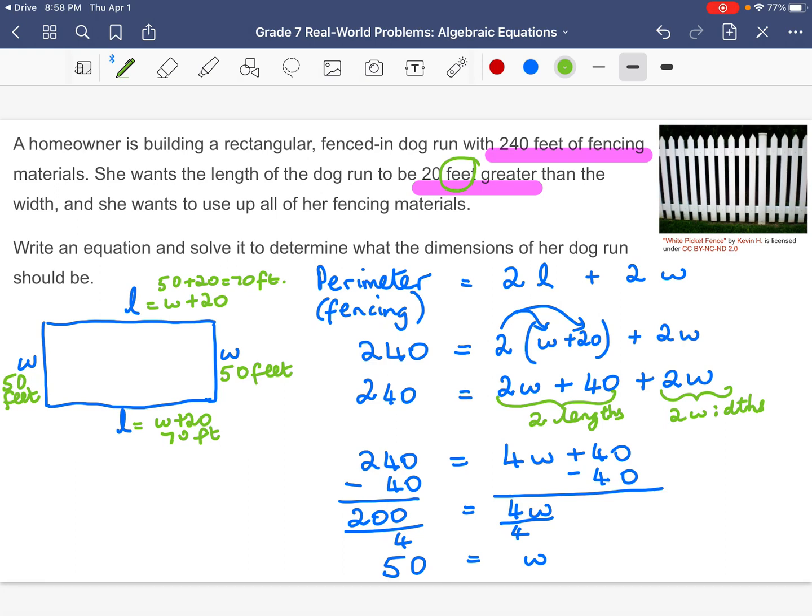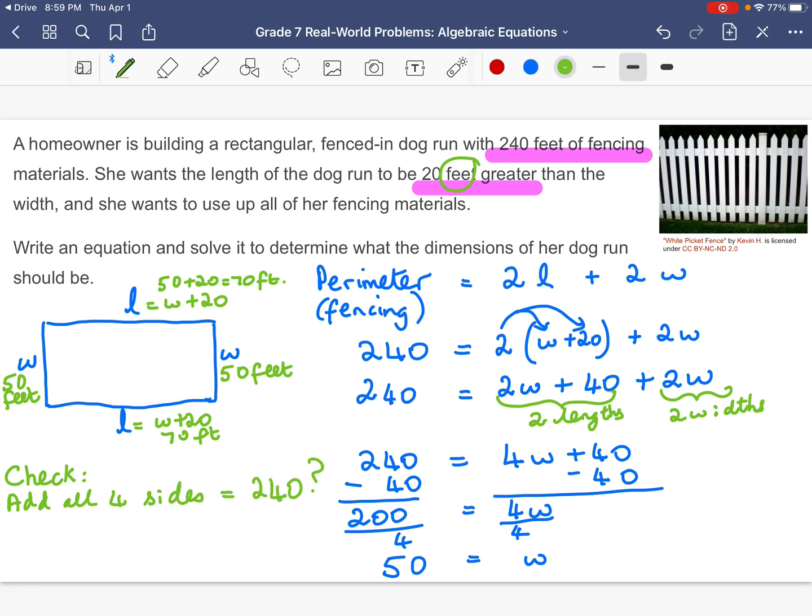And now we should check and see, does this make sense? So I'm going to check here. If I add all 4 sides, do they add up to 240?